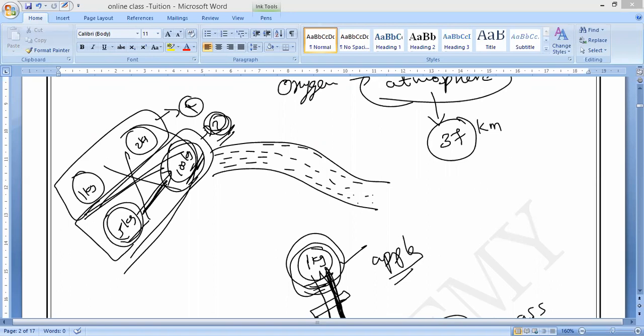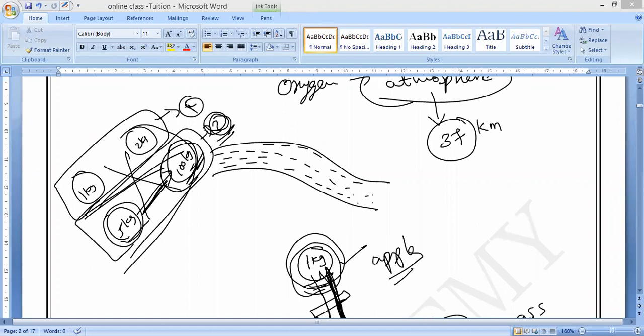If one of the objects is very big, having very large mass, understand?